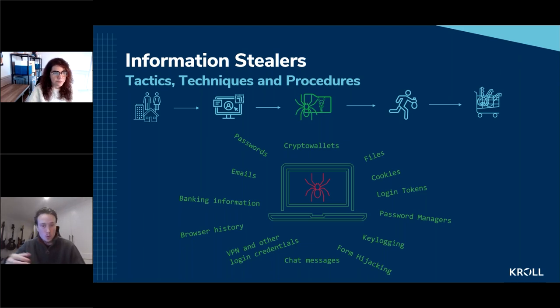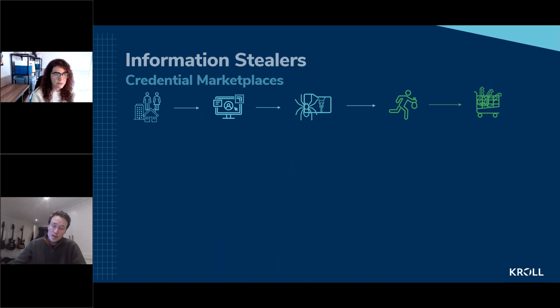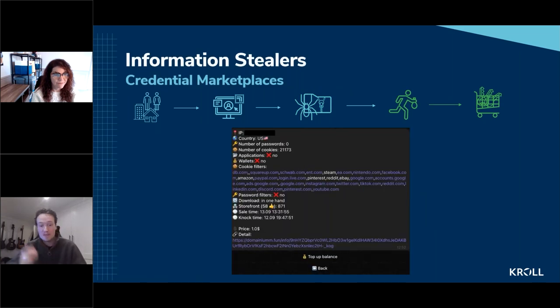But more often than not, what ends up happening is all of this information is sold on the deep and dark web. And actually, in plain sight as well, I must say, you can go to Telegram, for example. This is an example of a posting on Telegram, and you can use a bot to buy the stolen credentials, and you can see there the list of domains that there could be cookies that are still valid for.